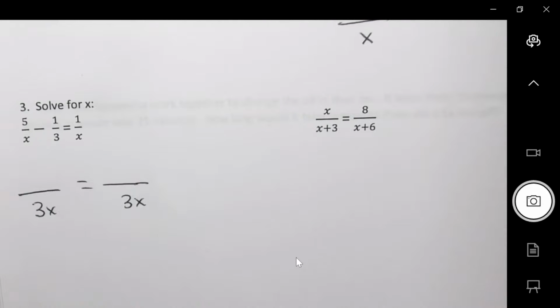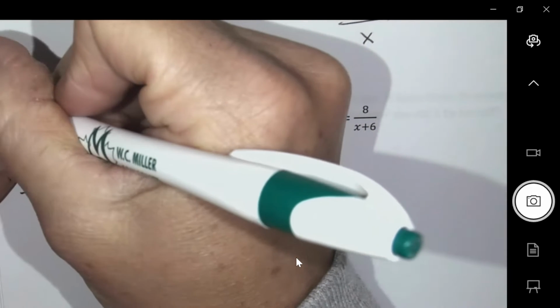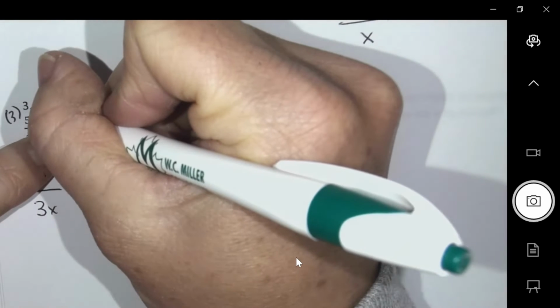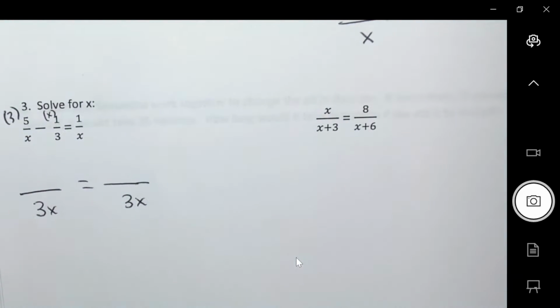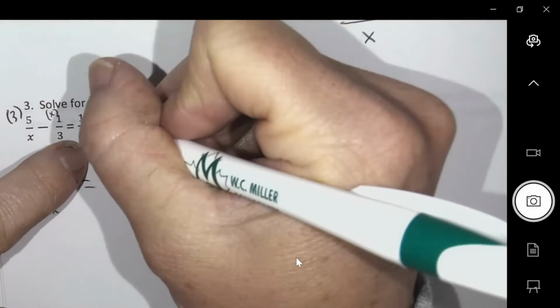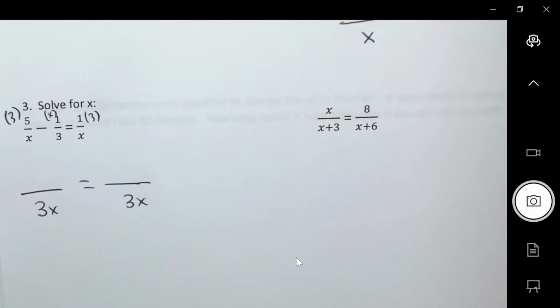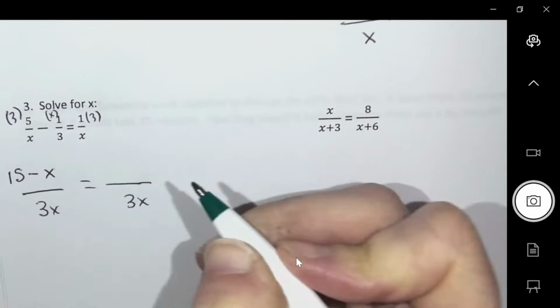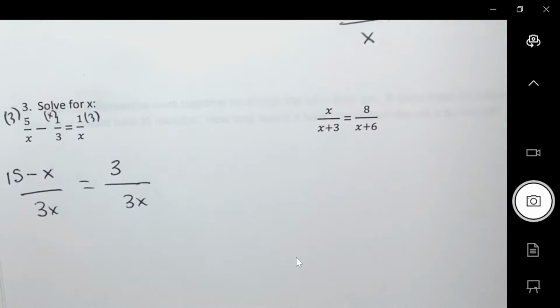Okay, so if this bottom was just an x, I'd have to multiply by 3. This was a 3, so I'd have to multiply by x, so I multiply by 3. Okay, so once I multiply that out, I get 15 minus x equals 3.